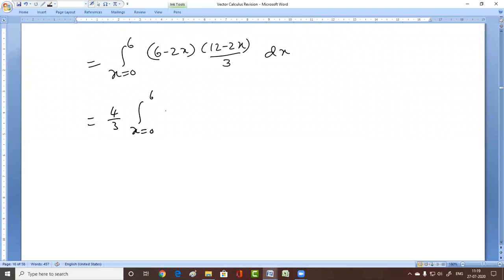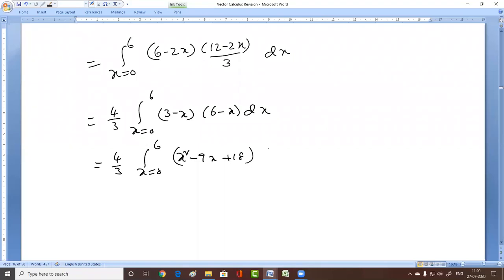Now multiplying out, we get x square minus 6x minus 3x, that is minus 9x, plus 18, dx. So 4 by 3 times the integration: the integral of x square is x cube by 3, of x is x square by 2, and of 18 is 18x, with limits 0 to 6.